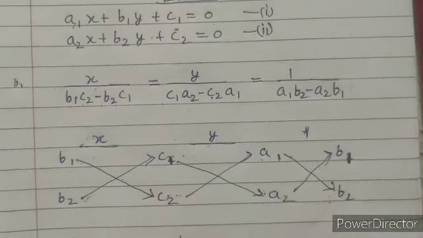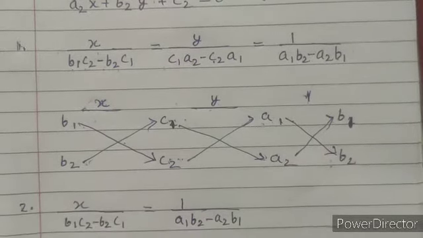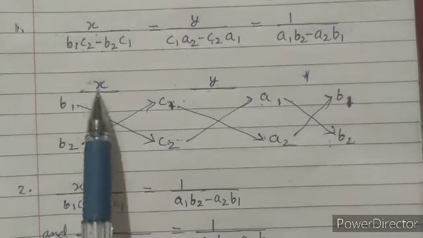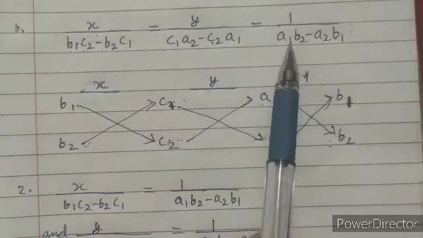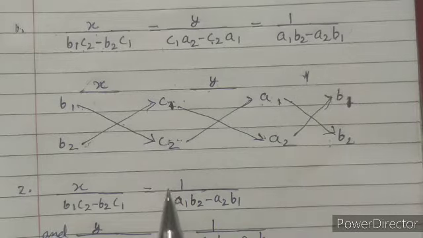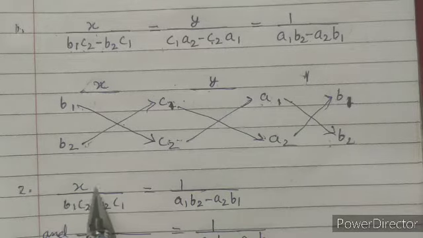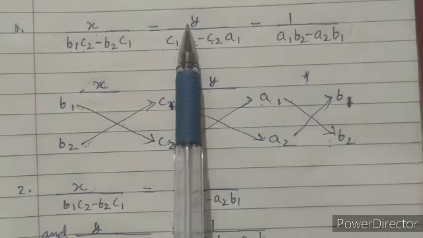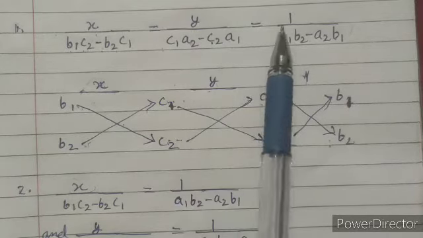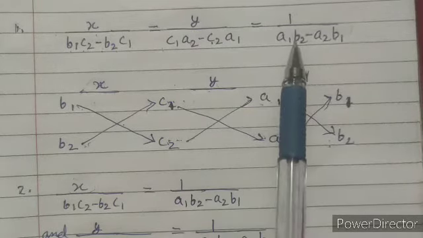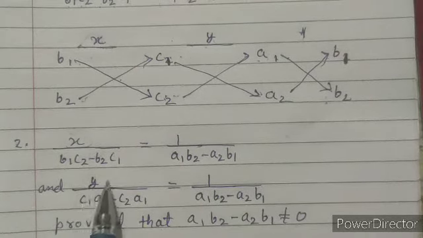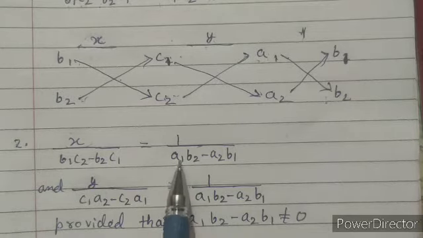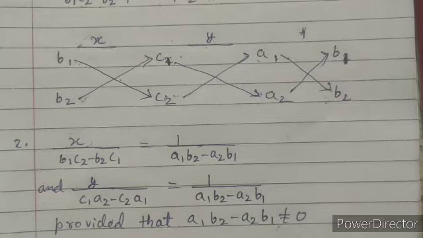Now after this, in our second step, we can equate x upon b1 c2 minus b2 c1 with 1 upon a1 b2 minus a2 b1 to find the value of x, and y upon c1 a2 minus c2 a1 with 1 upon a1 b2 minus a2 b1 to find the value of y, provided that a1 b2 minus a2 b1 should not be equal to 0.